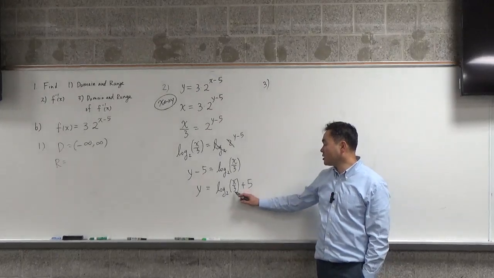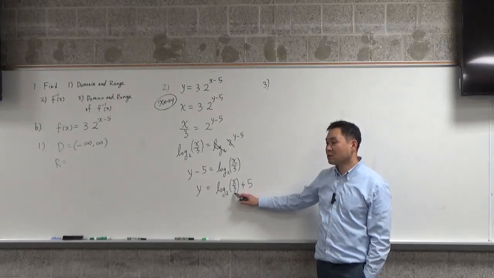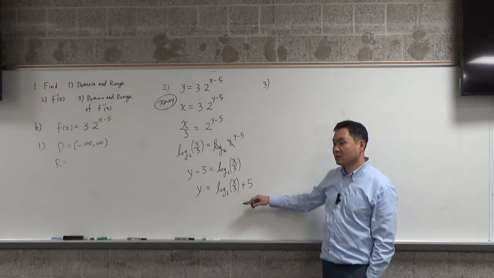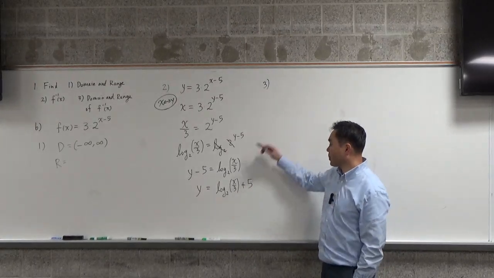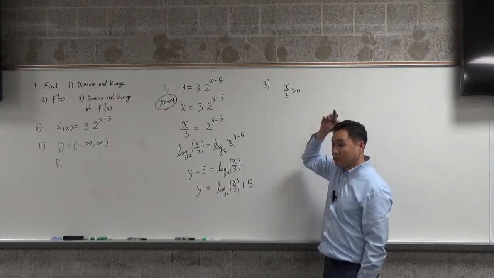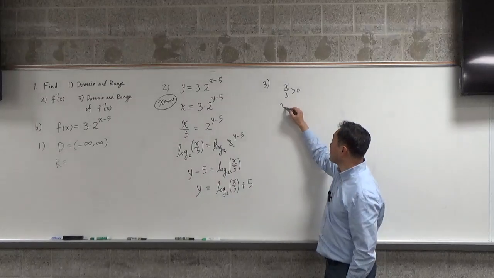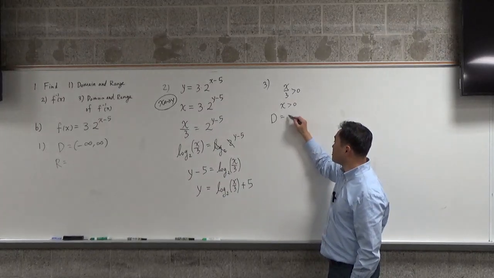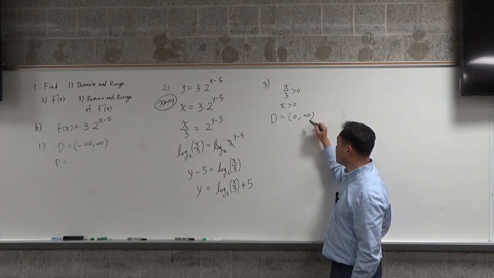So 0 cannot be plugged into log, and negative cannot be plugged into log. Okay, so you need x over 3 to be positive. So that means x has to be positive. So that's the domain. Domain is 0 to infinity.